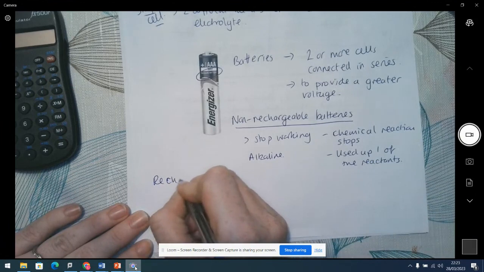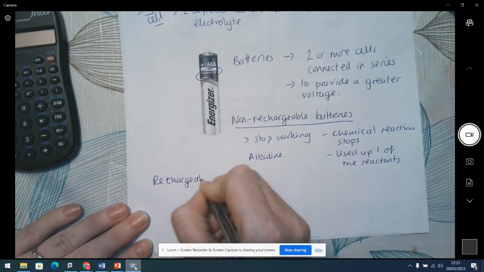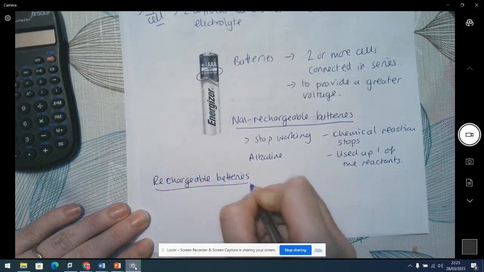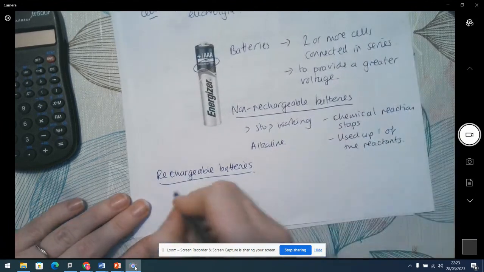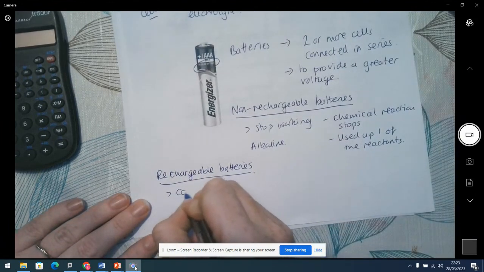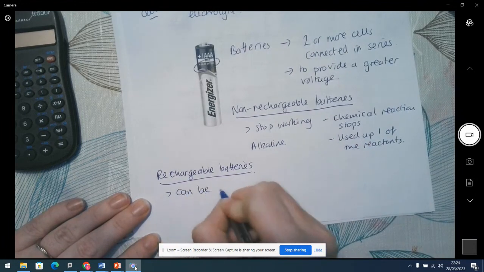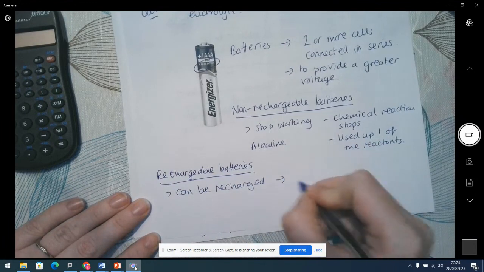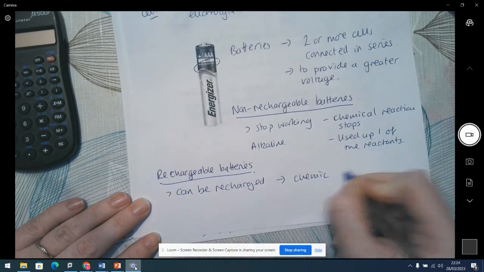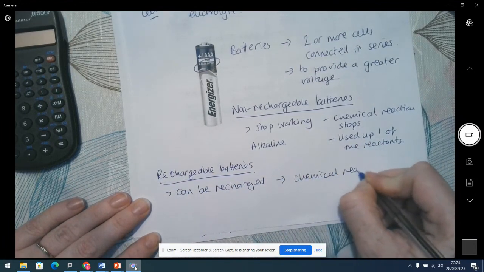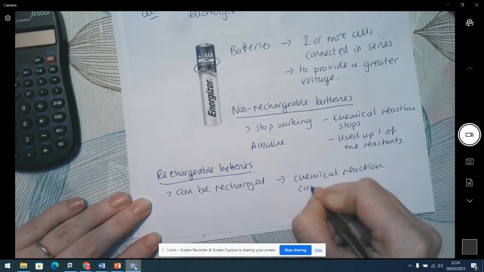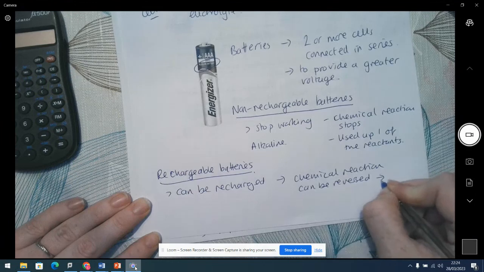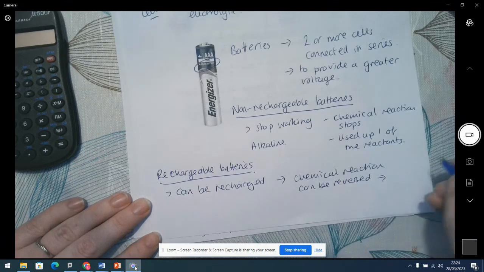Now, rechargeable batteries. Okay, these can be recharged, funnily enough. And that's because the chemical reaction can be reversed when you apply an electrical current.